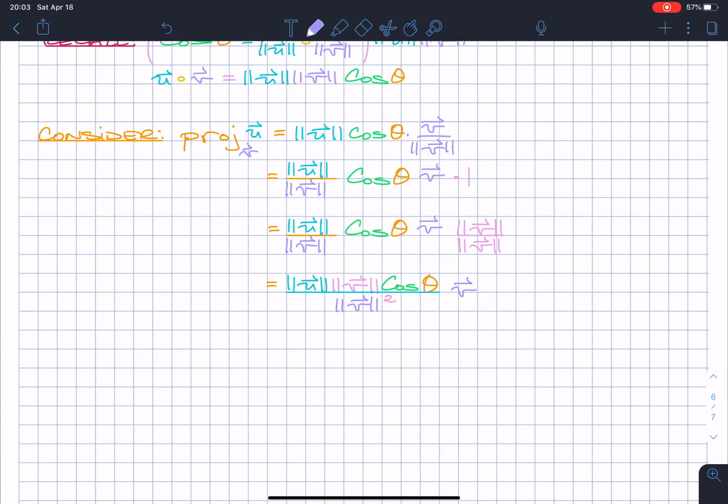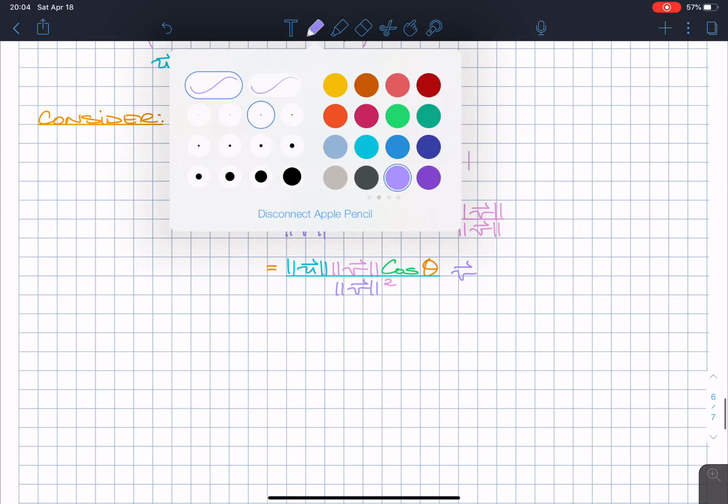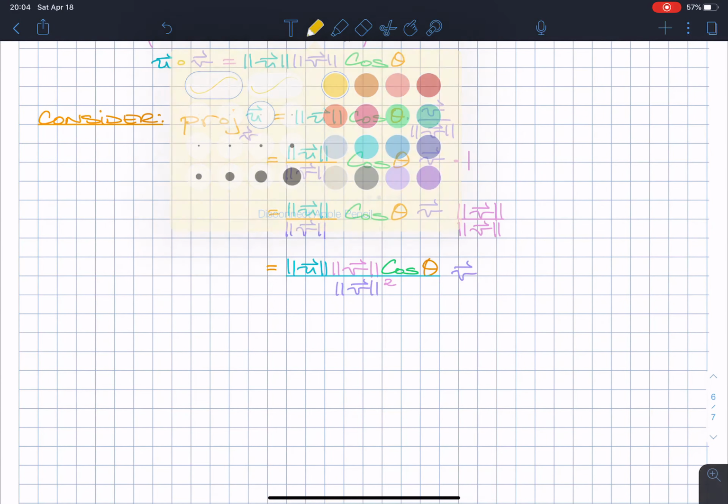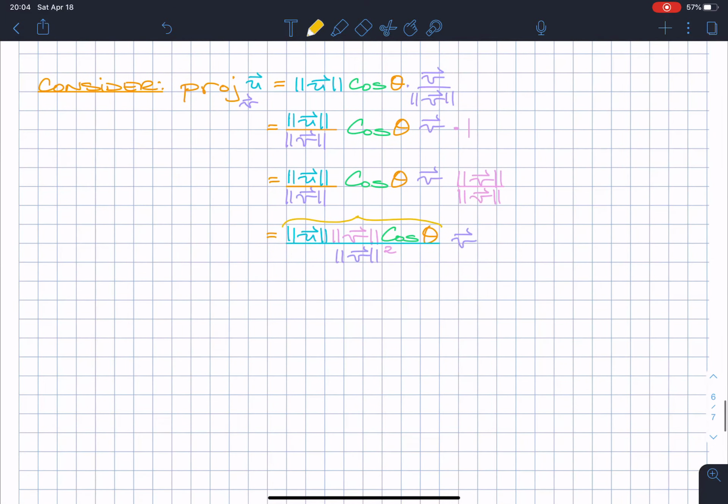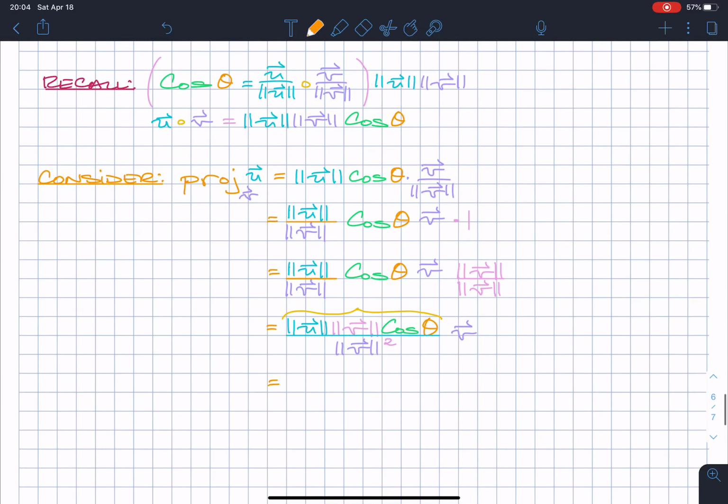Okay, but finally, what do I know about, what color should I use? Let's use yellow. All of this in the numerator here is a dot product. And we saw that from the above, right?